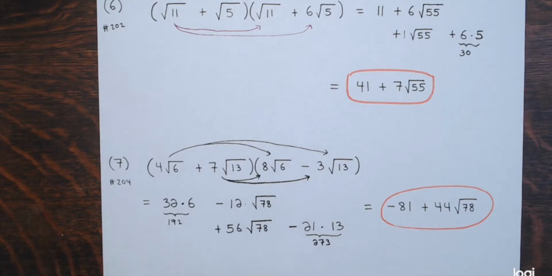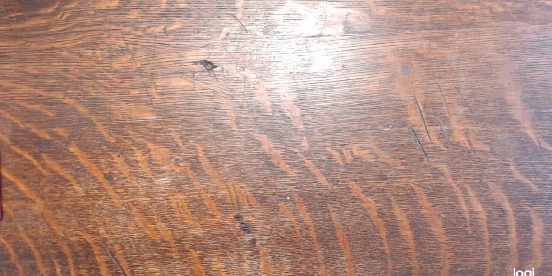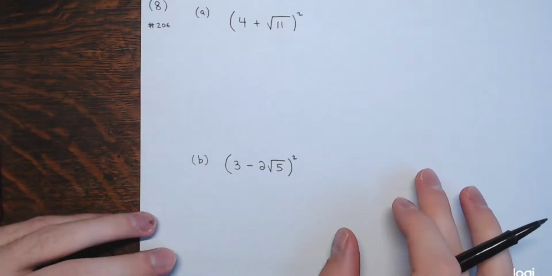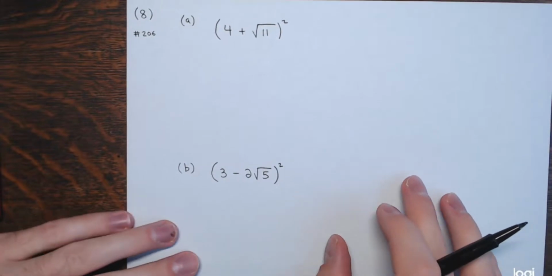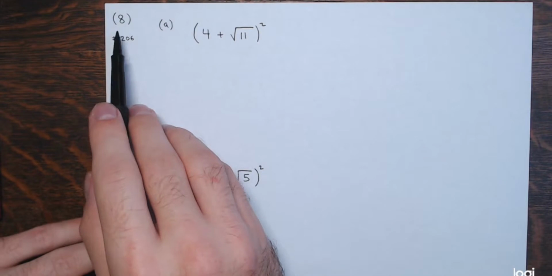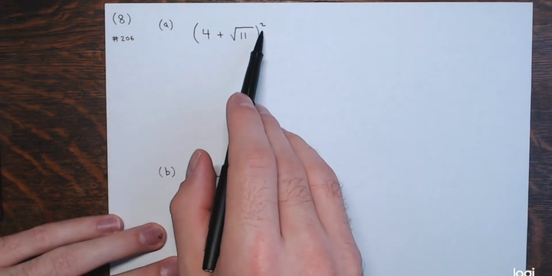All right, next question. We're pretty much going to be doing the same thing, just all the foiling and distributing, but it's written a little differently here. So number 8 is exercise 206. Now we're dealing with squares. We take something with two terms and square it.